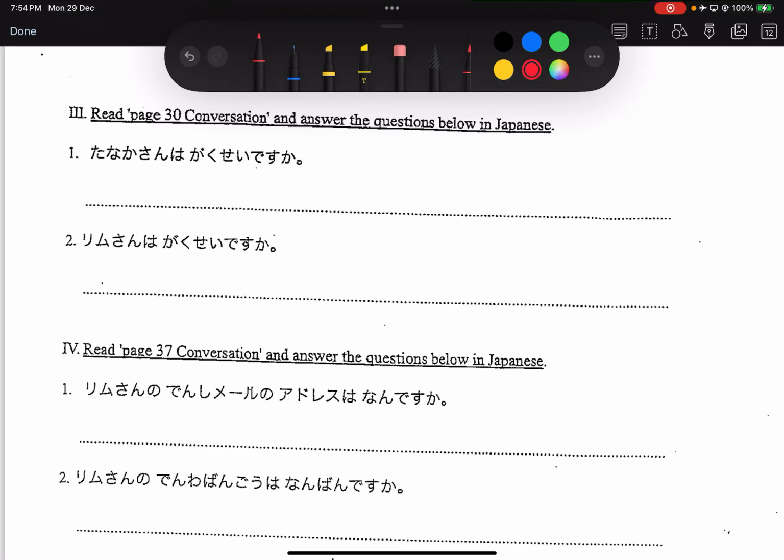Yeah, this one. So basically the question, Lim-san wa gakusei desu ka? Hai, so desu, thank you. Right? How do we know? Because she said hai, gakusei desu, so she is a student.